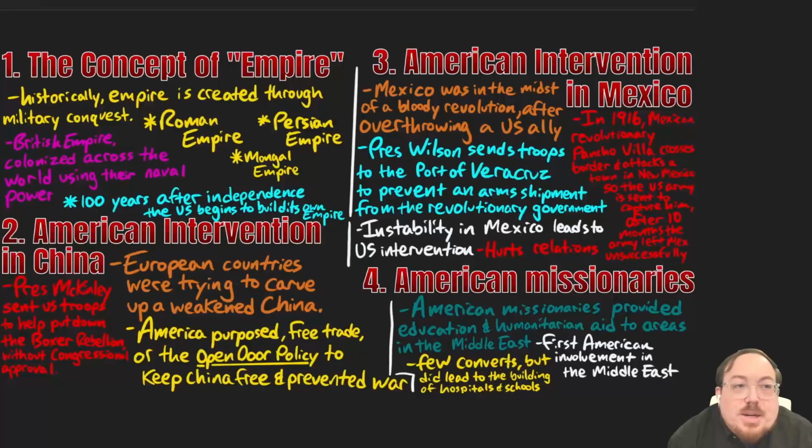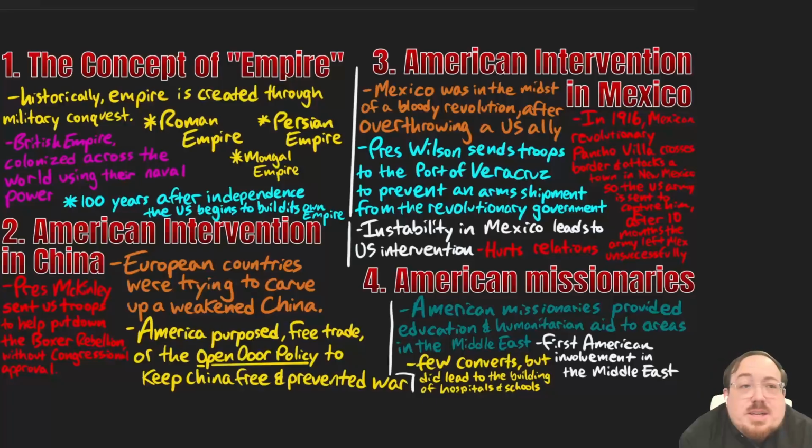Then you have the British Empire, which is, of course, the one that America broke apart from, that colonized the world using its naval power. So you have one stronger nation taking over weaker nations, generally, of course, for the benefit of that stronger nation.